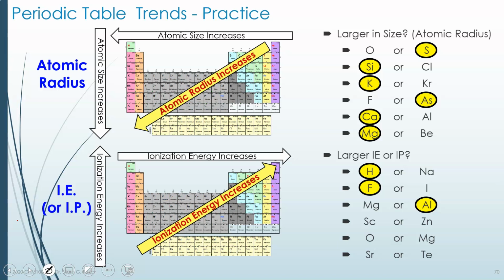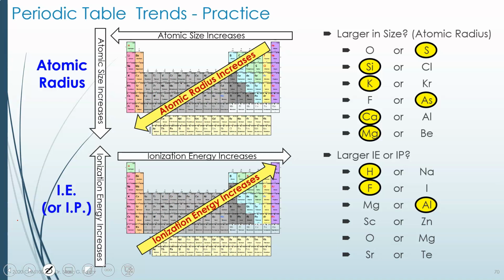Scandium, which is the very first transition metal in gray. If you look at that block, the D block, it is the first one. It's in row 4, period 4, and it's the first D block atom. Scandium, named after Scandinavia, by the way, is compared with zinc. And you can't see zinc, but zinc is the last atom in that same D block row.